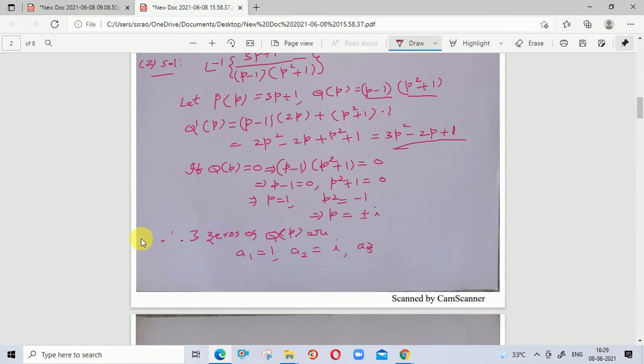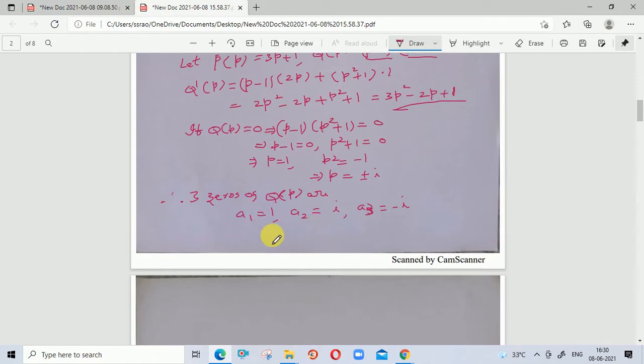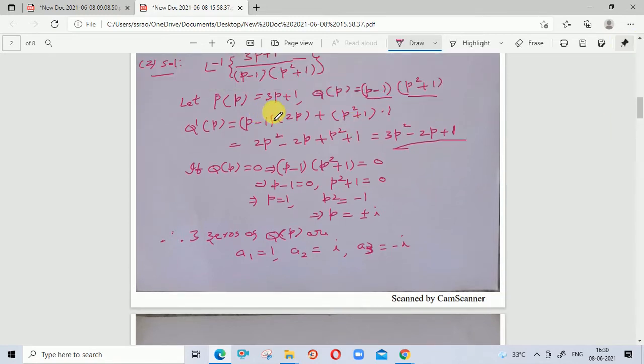Okay, so a1 is equal to 1, a2 is equal to i, a3 is equal to minus i. These are the three distinct zeros of Q of p. Now we have to calculate P of 1, P of i and P of minus i, where P of p is equal to 3p plus 1.